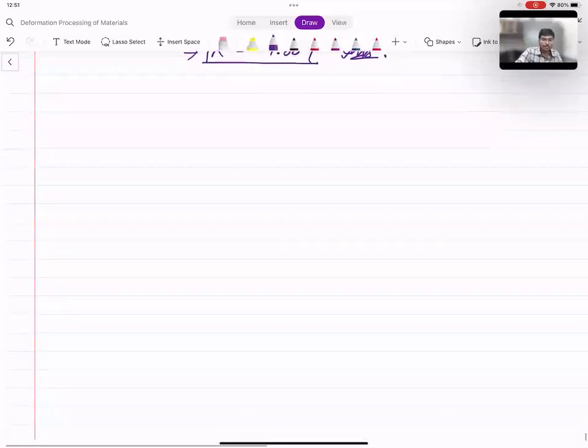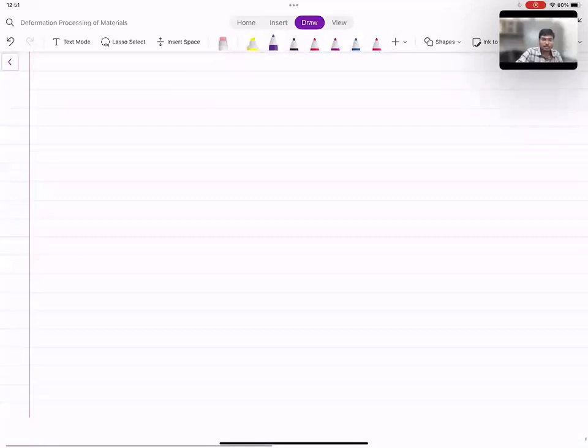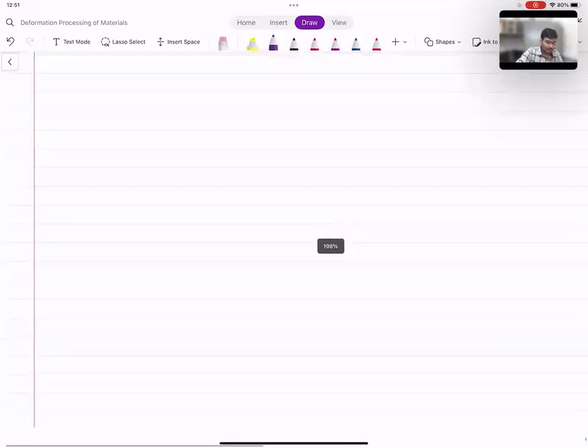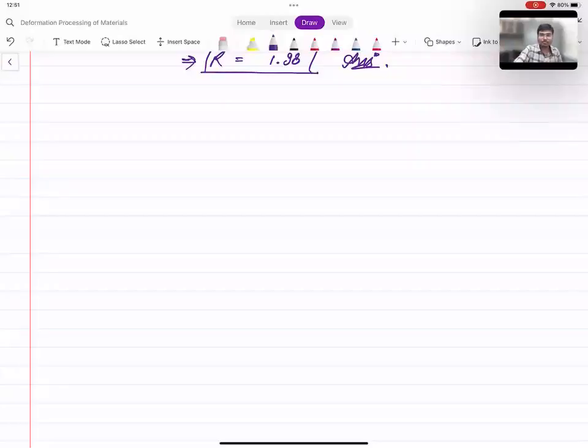Now let us see one more important aspect related to the drawing operation. There is a term known as forming limit criteria. Okay, so let us see what it is. Forming limit criteria is a tool or technique which is used for controlling the failures in sheet metal forming.